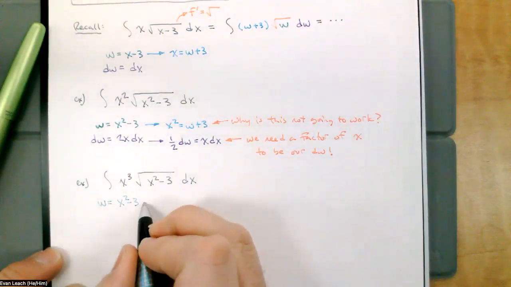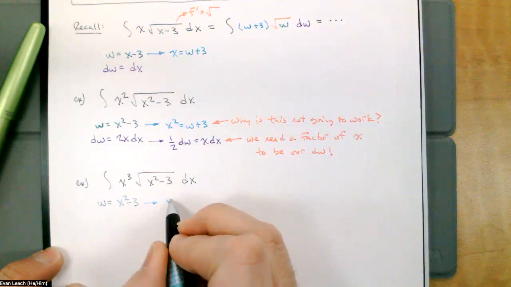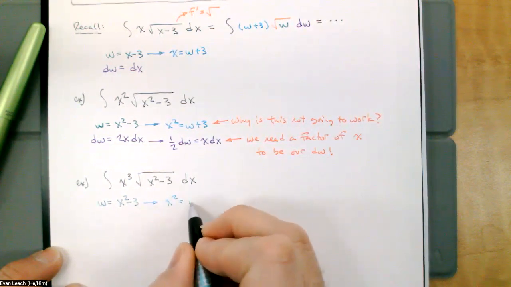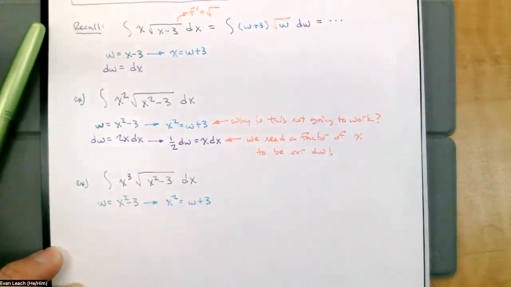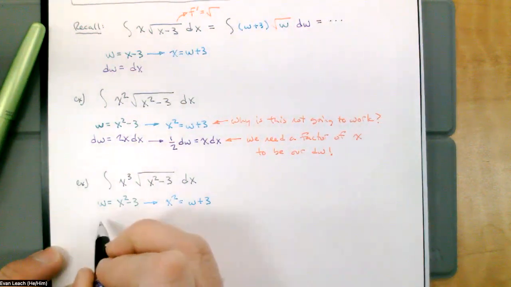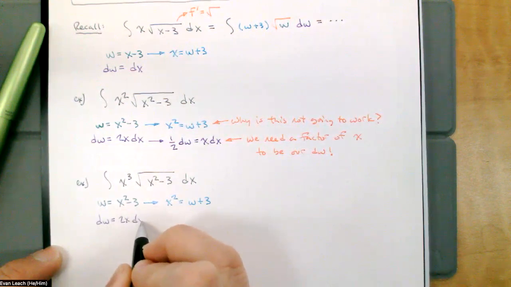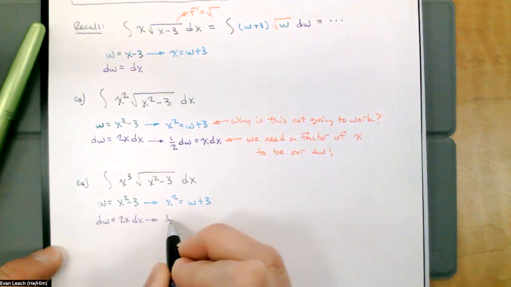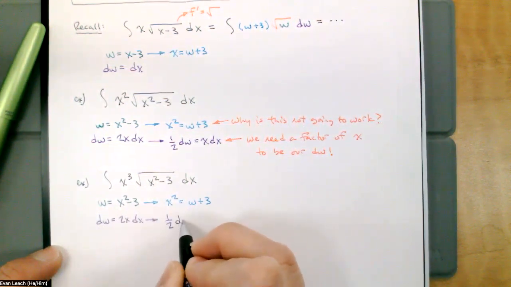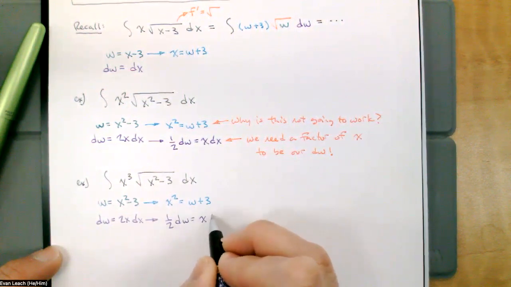So if w is equal to x squared minus 3, I can replace an x squared with a w plus 3. And dw is 2x dx. So we still have a factor of x to be our dw.